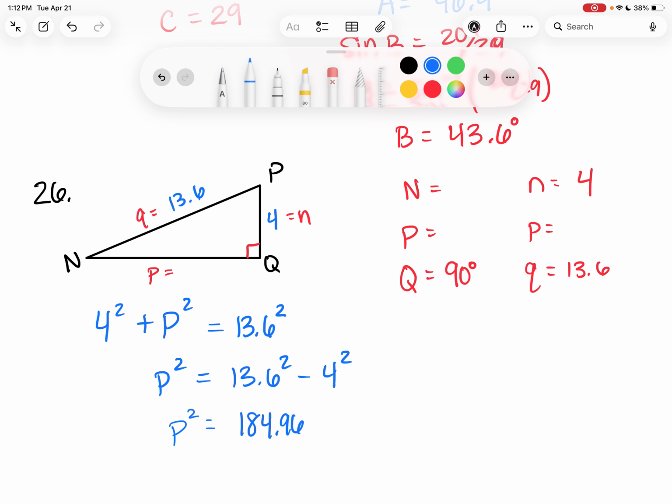Since it's just zeros after that, I would go ahead and write out both of those, and then minus 16. So that means that P squared is equal to 168.96.